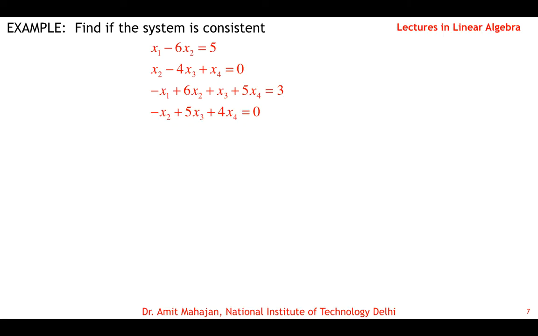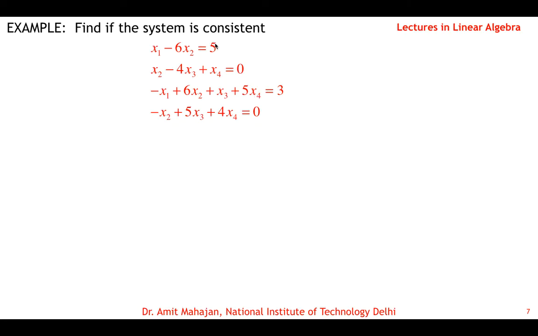consistent or not. So in the first example there are four linear equations in four unknowns x1, x2, x3 and x4. So what we have to do is construct the system of equations in matrix form Ax equals b, where the x vector will be a column matrix with members x1, x2, x3, x4.